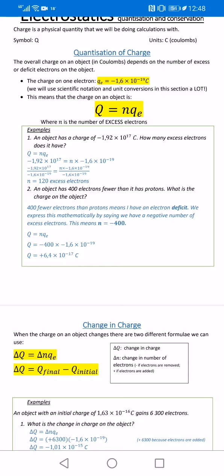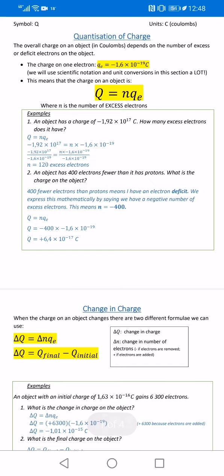So we write our formula, Q equals n times the charge on an electron. We substitute in our values, and then we solve for n, and you'll see that n is equal to 120. This should always be a whole number. If you don't get a whole number, it means there's a problem with the question, because you can't split an electron. Okay, electrons are whole or solid whole objects.